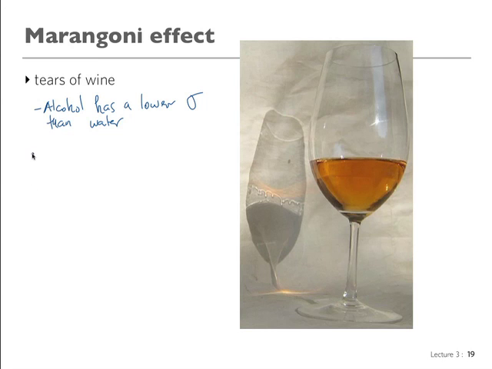Also, it is true that alcohol and water evaporate at different rates. The end result is that the film of basically any wine or liquor is a mixture of alcohol and water, and as you have a layer of that on the glass, the alcohol will evaporate.